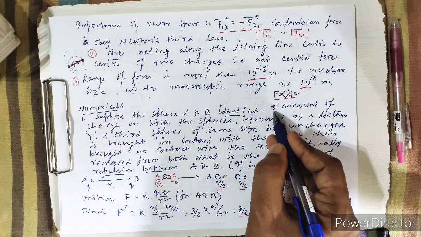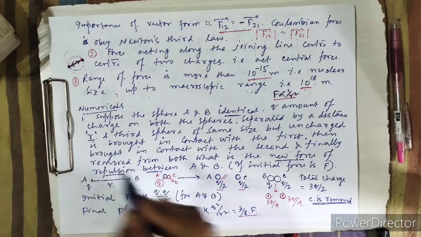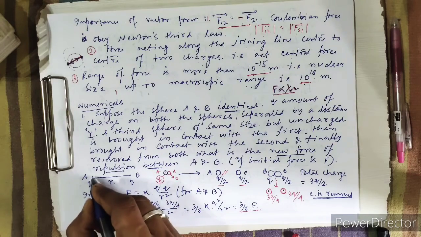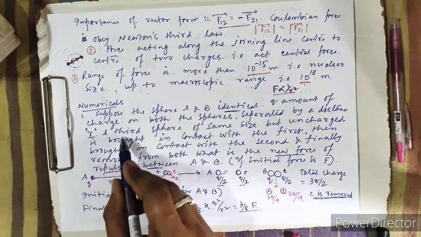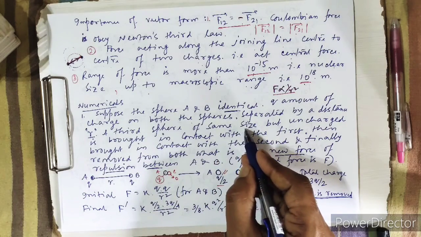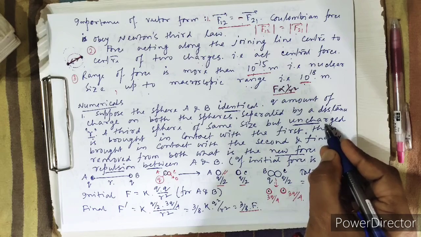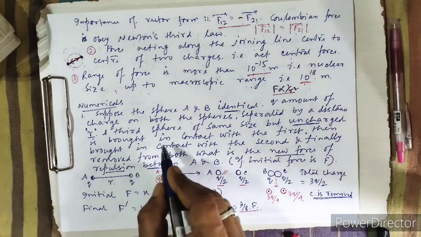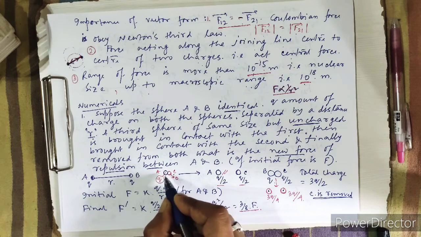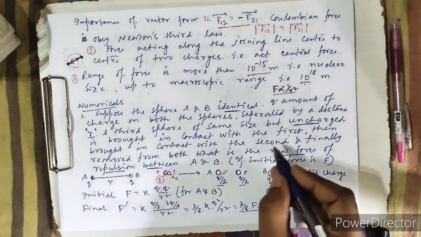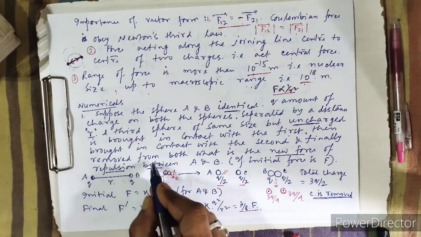That means both have the same charge, and same charge means repulsive force, separated by a distance R. That means two charges Q, A and B, are separated by a distance R. Now a third sphere C of the same size but uncharged, that means charge is 0, is brought in contact with A first, then brought in contact with the second, and finally removed from both.